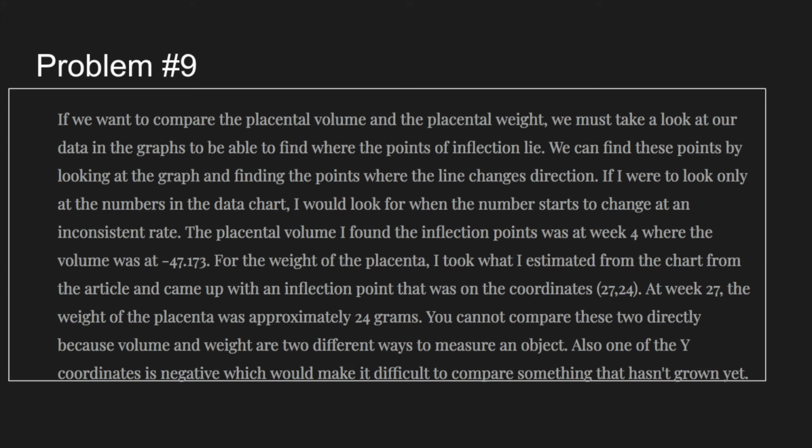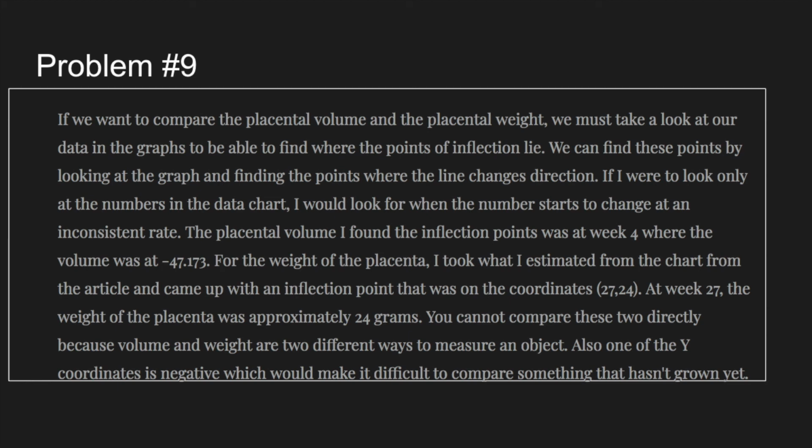I think that these numbers are a little bit skewed and inconsistent, because the placental volume inflection point that I found was at week 4, where the volume was negative 47, and for the weight of the placenta, I estimated from the chart and came up with the inflection point at the coordinates 27, 24.